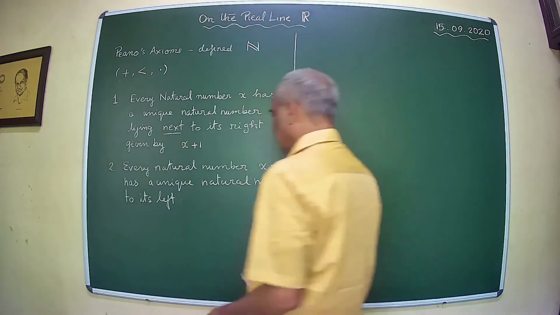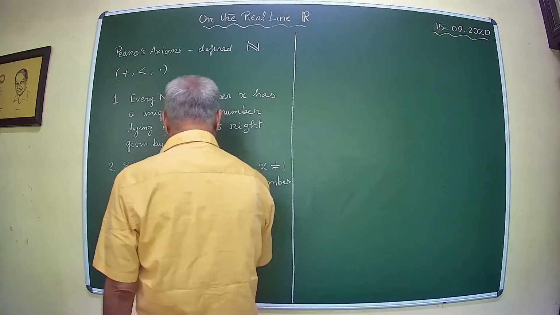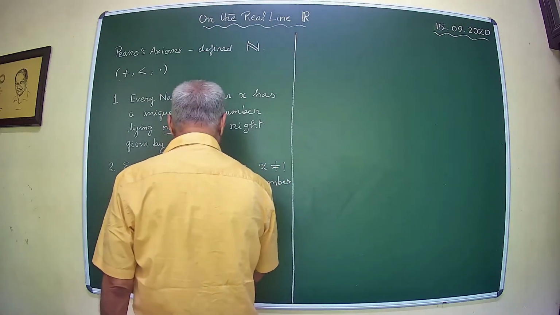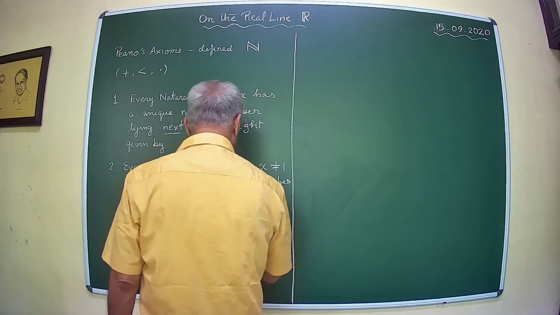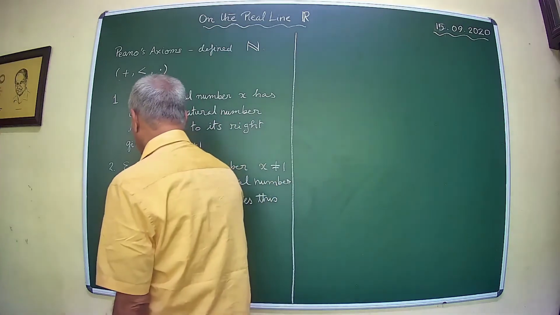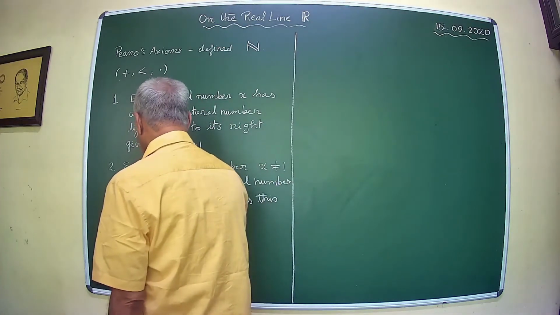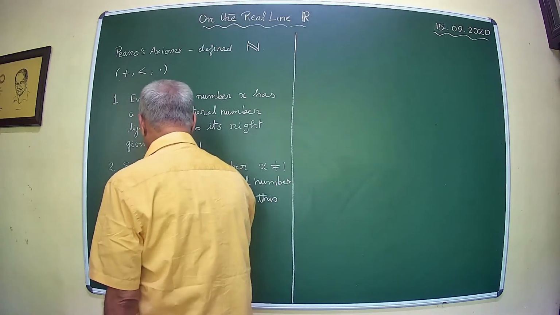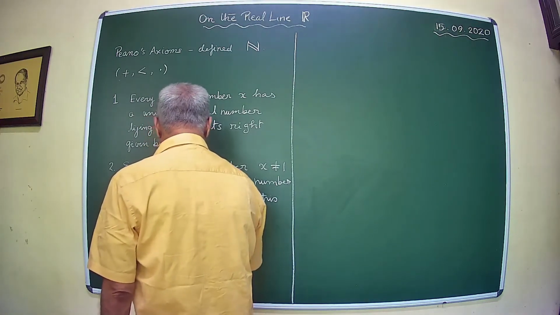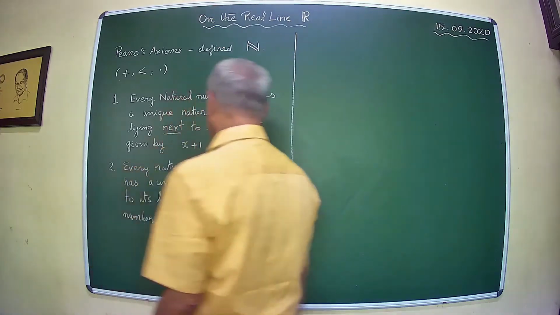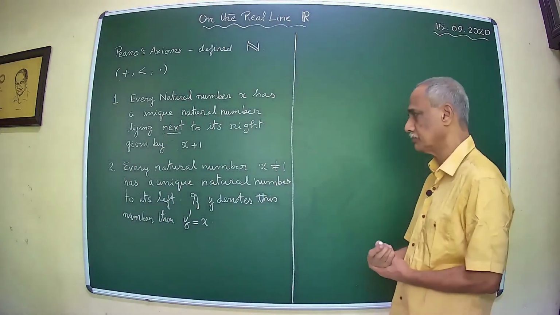That means if y denotes this number, then y prime equals the given x. That is a relation that we have.